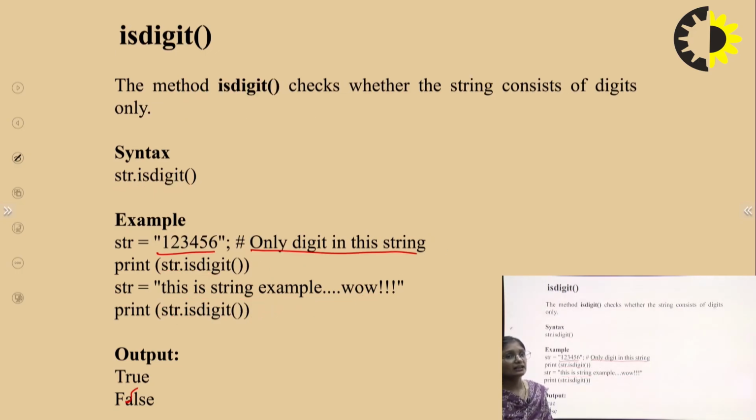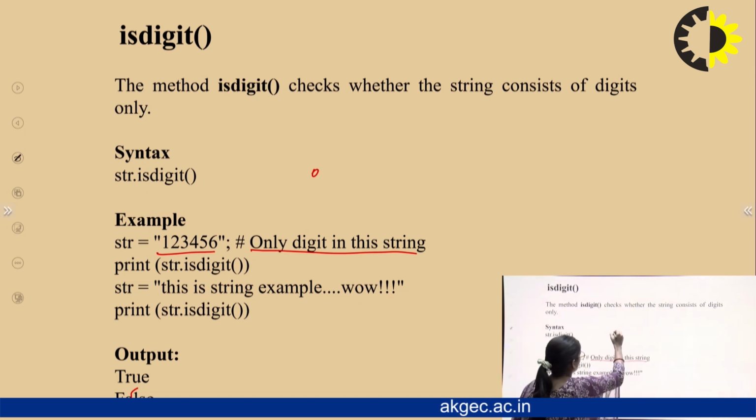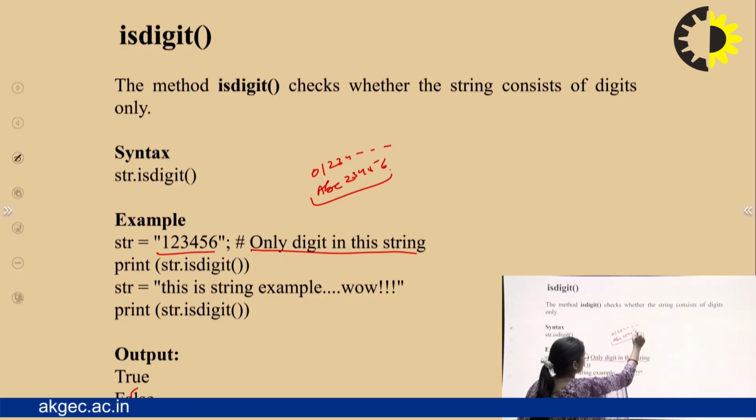The isdigit method only checks whether the string consists of digits only. Only digits are to be present, no alphabets. For example 0, 1, 2, 3, 4 and A, B, C. This is alphanumeric, this is numeric.